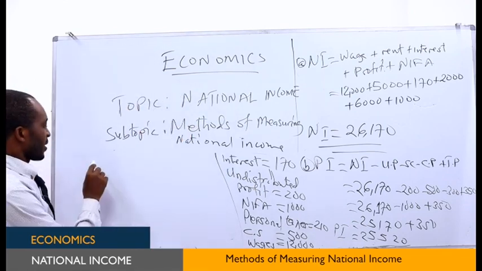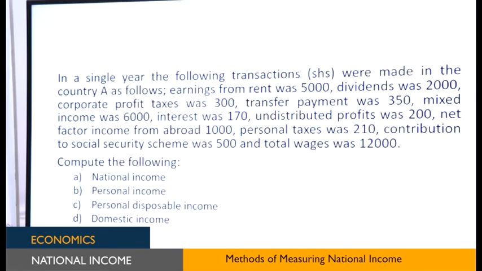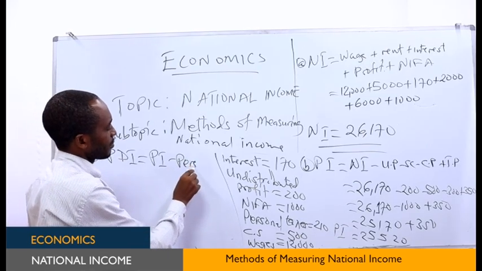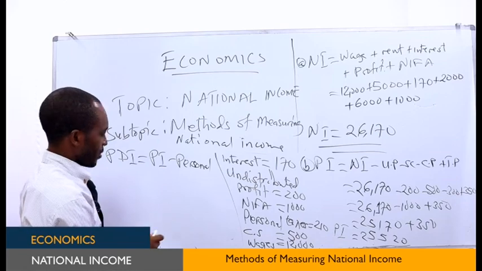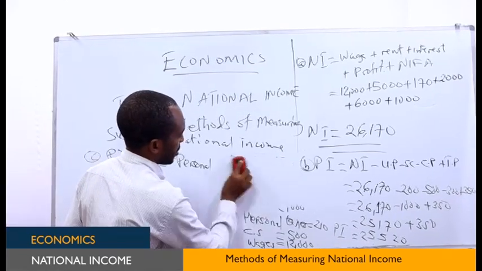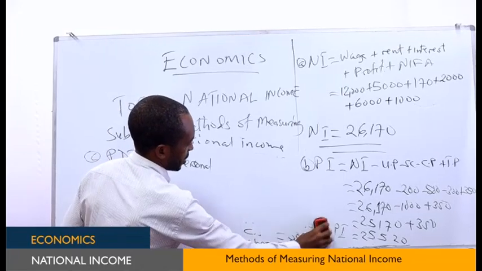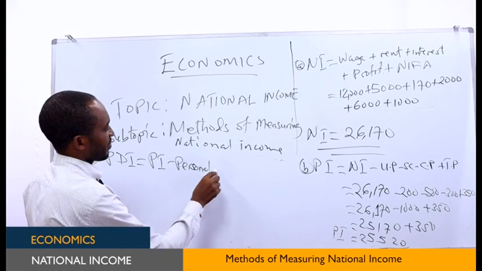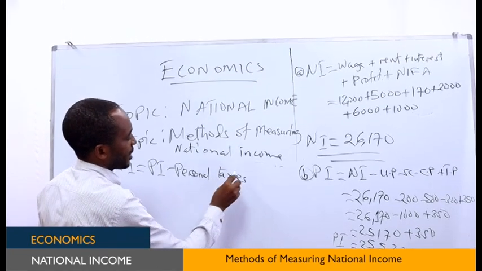So, case C, the personal disposable income is equal to personal income minus personal taxes.